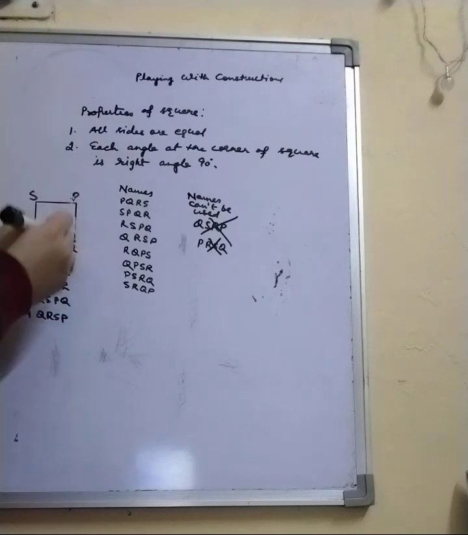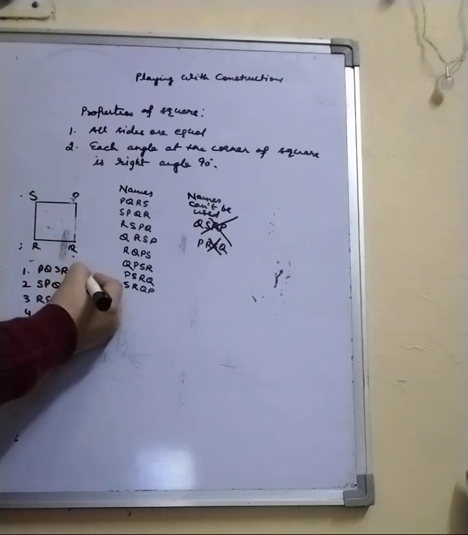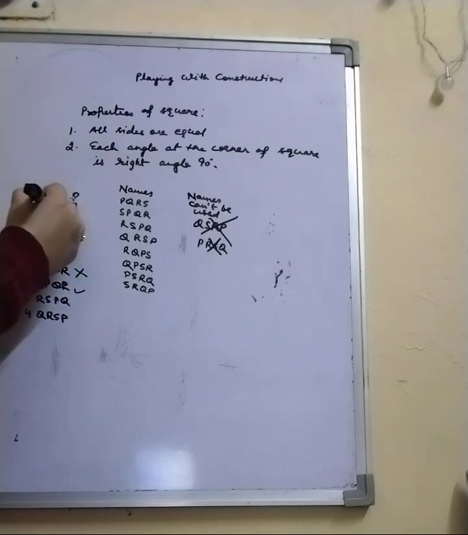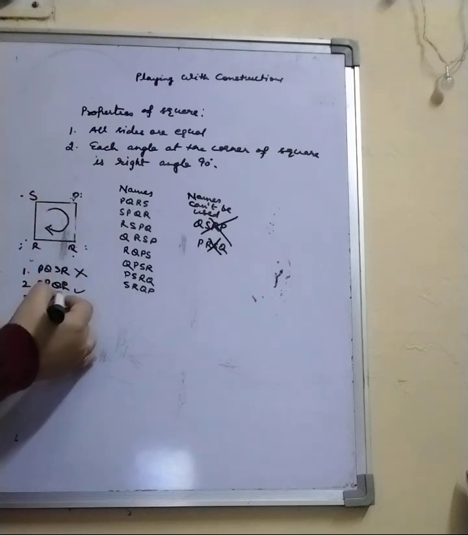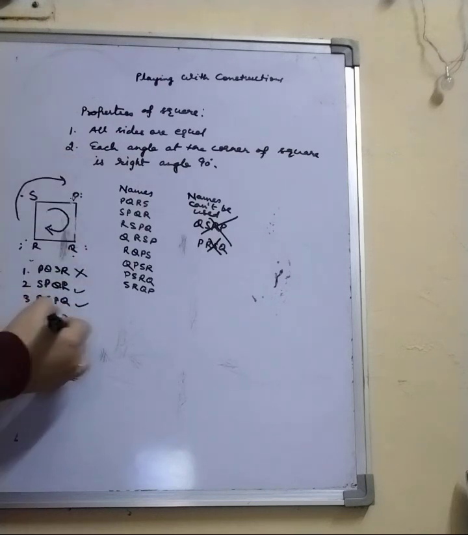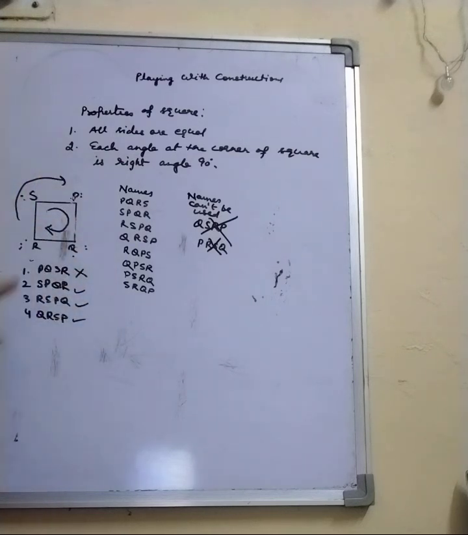PQSR is PQ and SR, so this is not the correct naming. For SPQR you are going clockwise. Then RSPQ, again you are going clockwise, so this is also correct. And then QRSP is also correct. So the last three are correct. The first one is not correct.